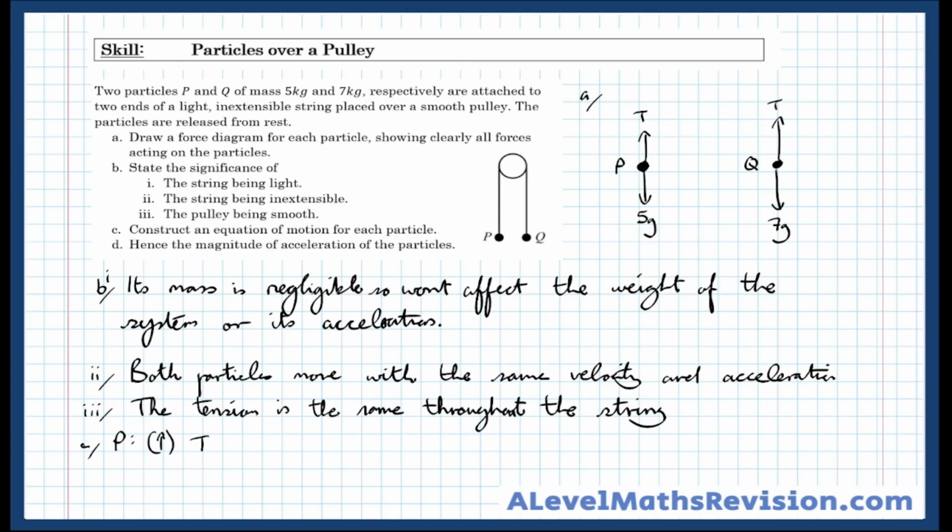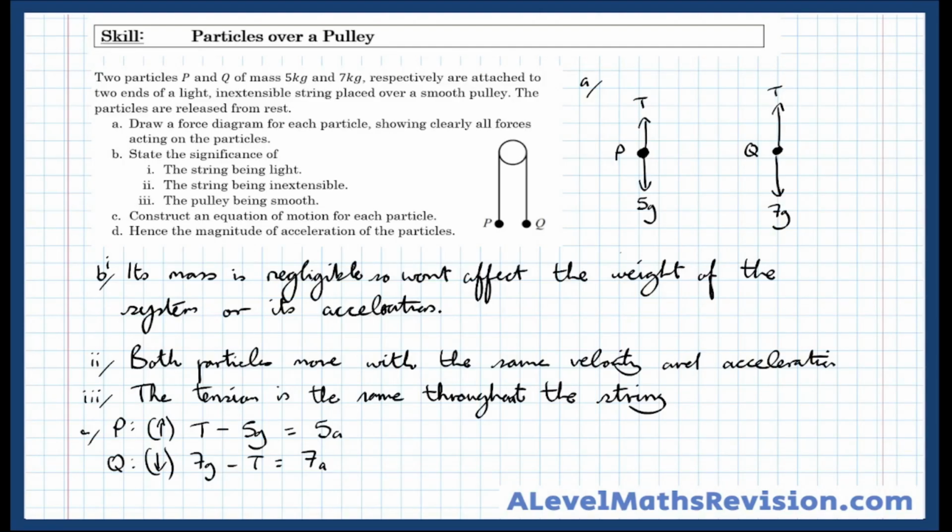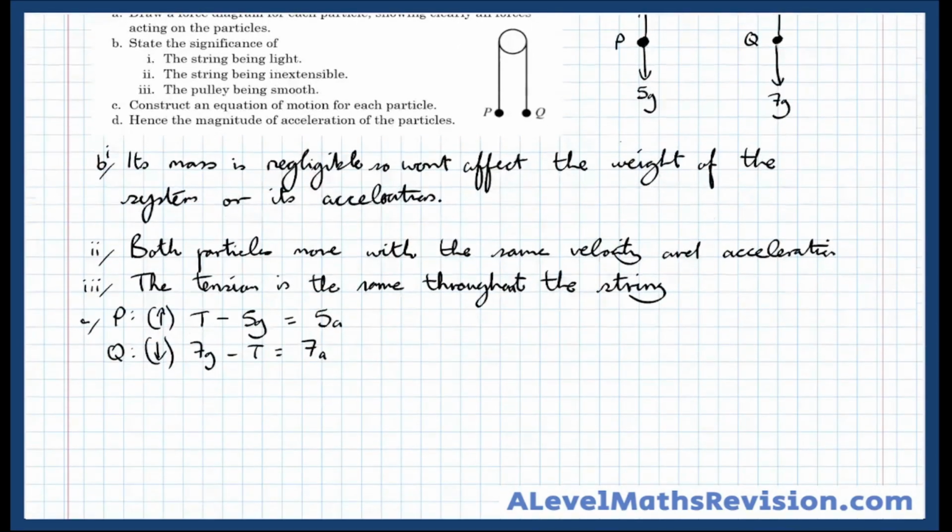So F, which is T minus 5g, the force resulting, equals mass times acceleration. And particle Q, this time Q is moving down, and this is important. I think this method works best when you consider the direction of motion of each particle to be the positive direction. So then we've got 7g minus T equals mass times acceleration. And there's part C done. There's both equations of motion.